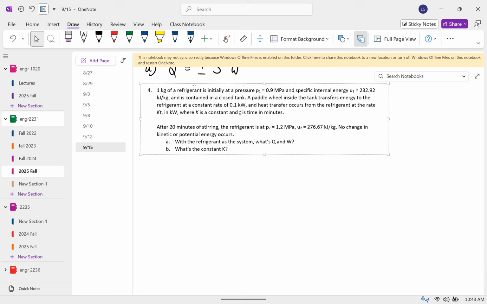We're given the initial pressure and specific internal energy. It's a closed tank. What do we know from the closed tank? We know that there's no work of expansion. A paddle wheel adds a certain amount of work to this material, the rate of work is given, and heat transfer occurs.